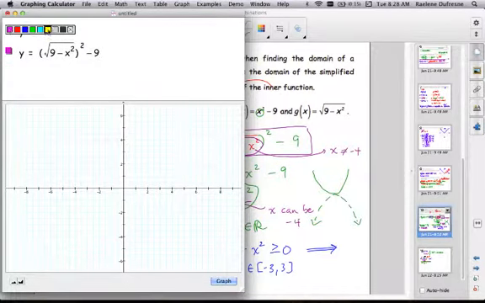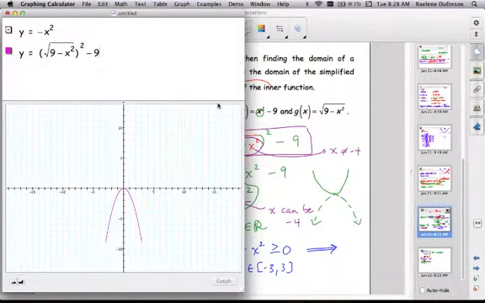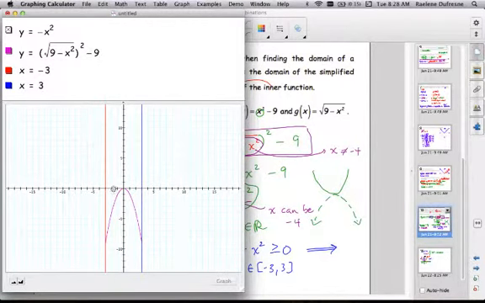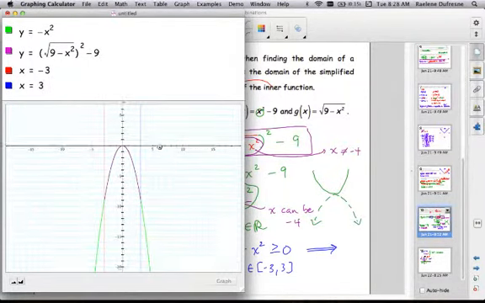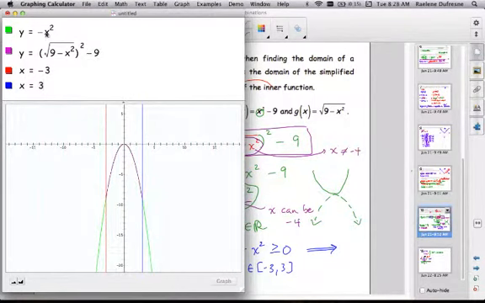If I turn this graph off, this graph looks the same, but it stops at x equals negative 3 and positive 3. Whereas this graph does not stop. So it looks like these two expressions are equivalent, but in fact they are not. They are only equivalent from x equals negative 3 to positive 3.